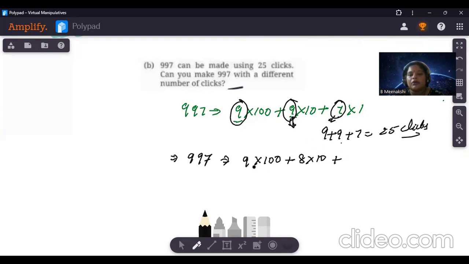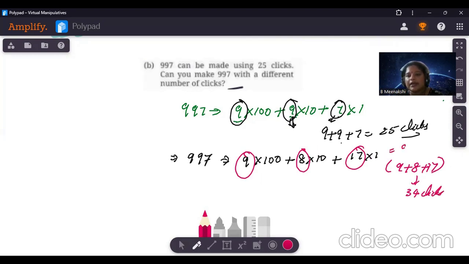So you will get 980, plus 17 into 1. If you add the total number of clicks, 9 plus 8 plus 17, you will get 34 clicks.